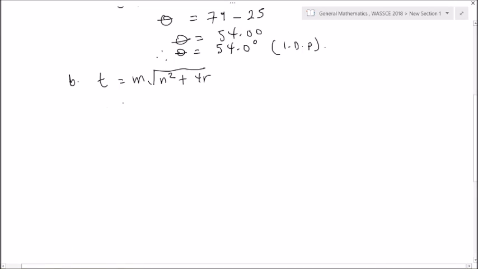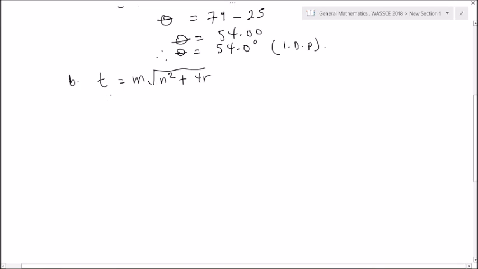There are many ways we can go about solving this problem. First of all, we can choose to divide both sides by m first, or we can also choose to take the square root of both sides first. Any of these methods will give you the same answer.